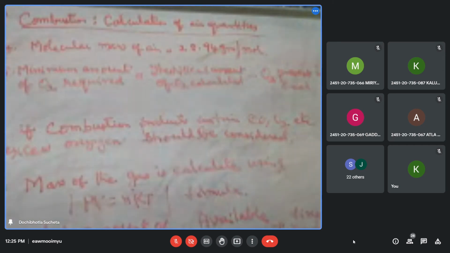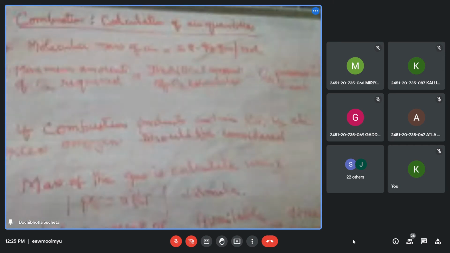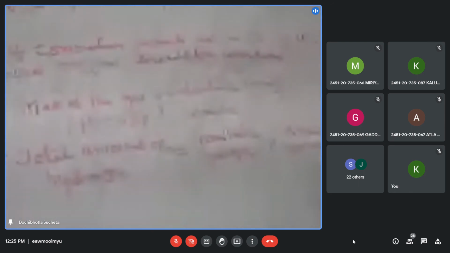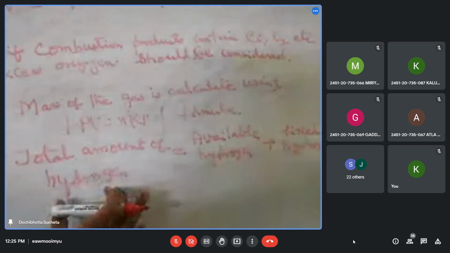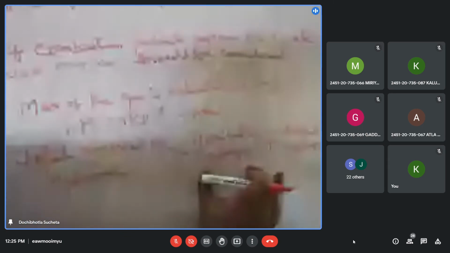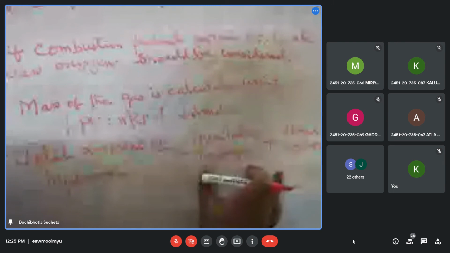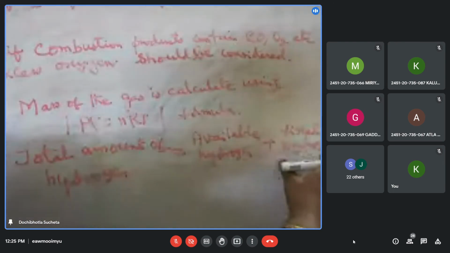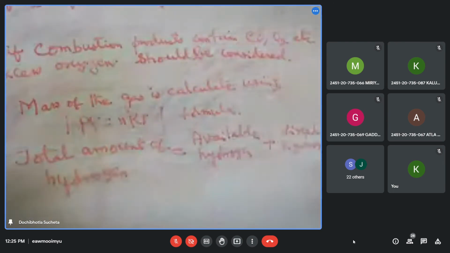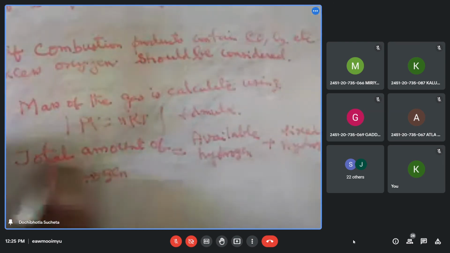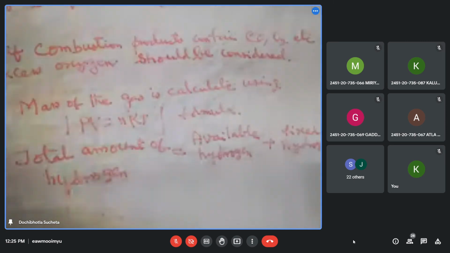Okay. This is what we just discussed. If total amount of hydrogen is capital H, available hydrogen is equal to H minus O by 8. Fixed hydrogen is O by 8. How did I get that O by 8? It is total oxygen divided by 8. This is the formula.